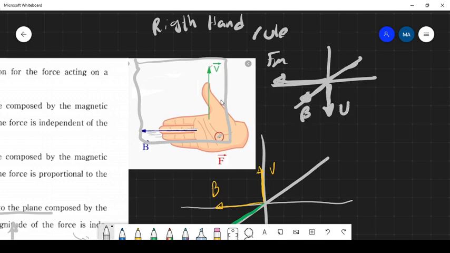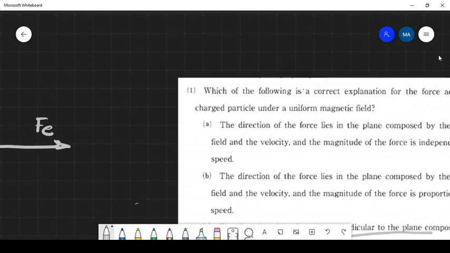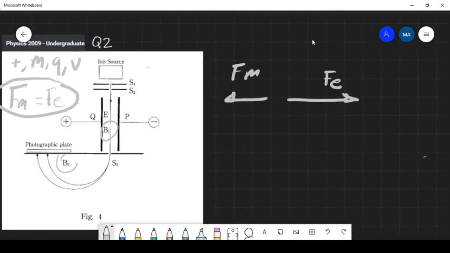Try putting this finger over here, V pointing down, and then these fingers over here pointing to you. Okay, this pointing down and this pointing to you. You will see that your hand points over there. Okay, so this is the rule. This is how we find it. So where is B? B is pointing outside of the paper.